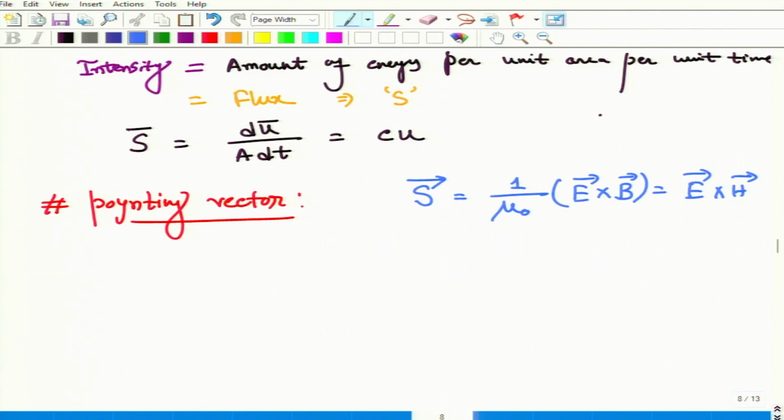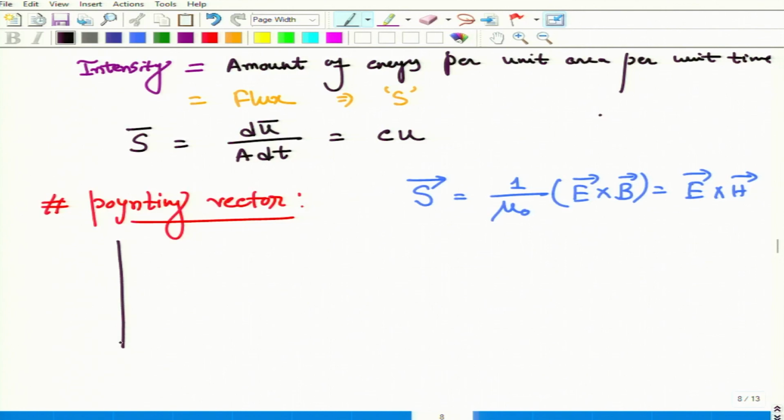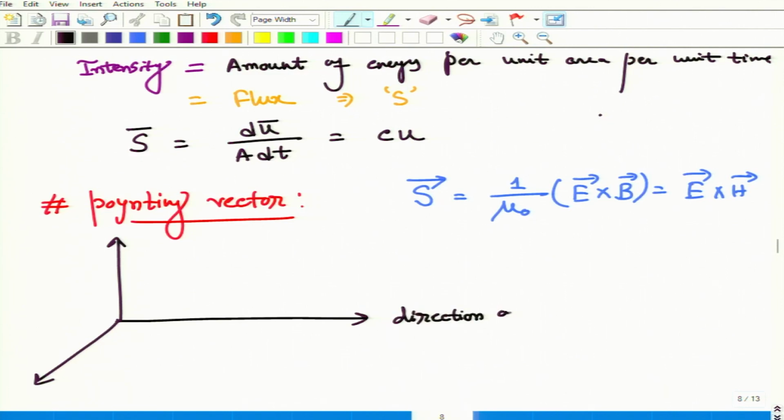We all know that in electromagnetic waves, the direction of propagation is perpendicular to both the electric field and the magnetic field. If we draw it again, this is the direction of propagation, which is denoted by the S vector. We will see why.